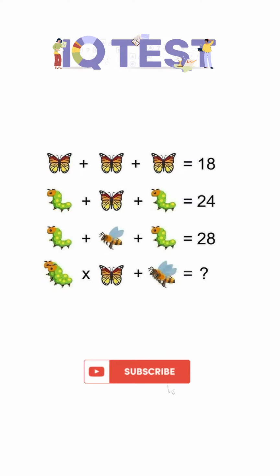Okay, 10 is for the honeybee, yes. So Colina, pay close attention to the last question. You have 2 caterpillars multiplied by 1 butterfly plus 2 bees. So 2 larvae multiplied by 1 butterfly plus 2 bees.